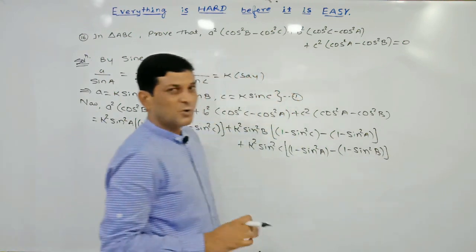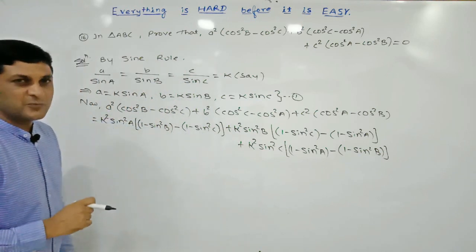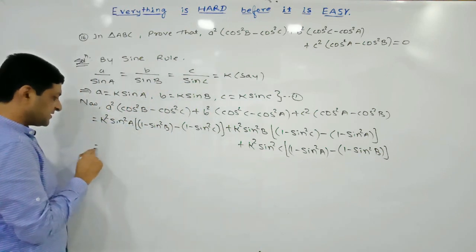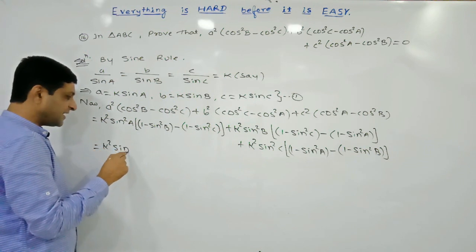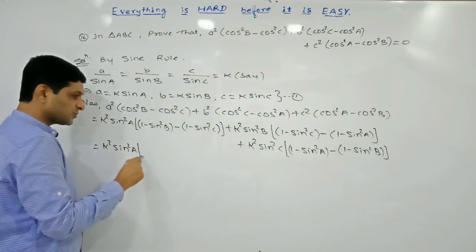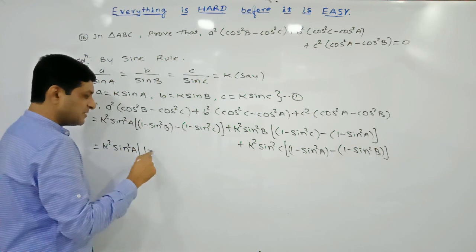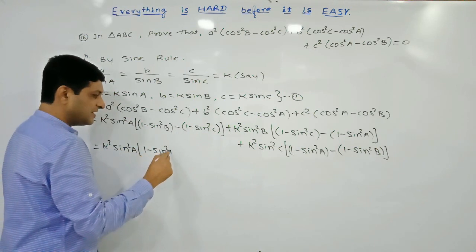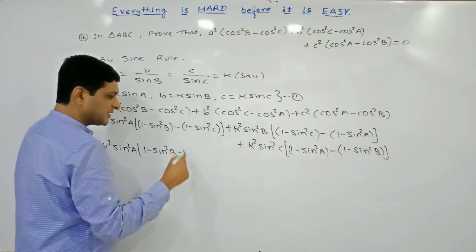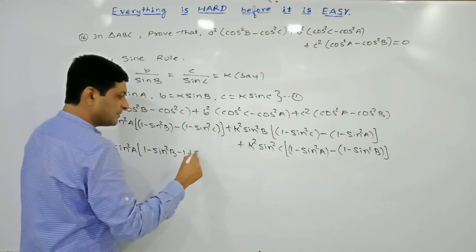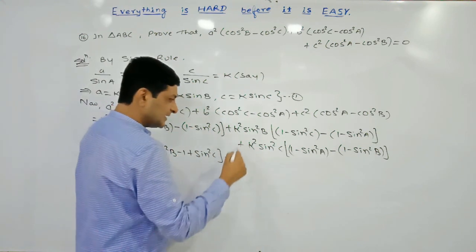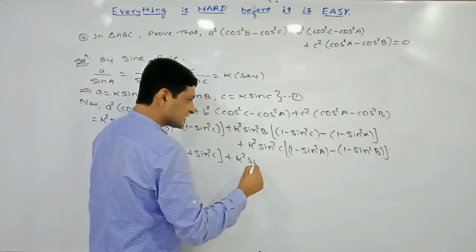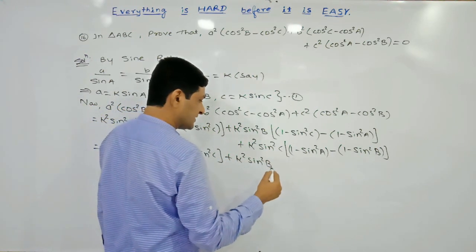So the whole equation is now in terms of sine. Which is equal to k square sine square A, keep it as it is. Let us open the bracket here: 1 minus sine square B, minus into 1 will be minus 1, minus into minus will become plus sine square C. Plus here k square sine square B, keep it as it is.